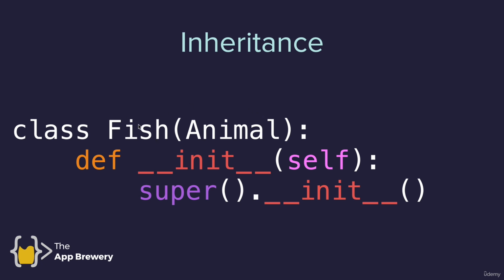So in this case, our fish is inheriting from the animal class. And then in order to get hold of everything that an animal has and is, so its attributes and methods, all we have to do is inside the init add this super.init. And this super refers to the superclass. So basically initialize everything that the superclass can do in our fish class.